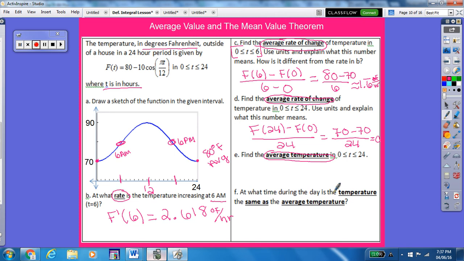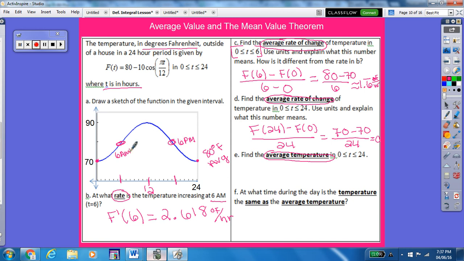The mean value theorem is going to allow us to answer question F, which says at what time during the day was the temperature the same as the average temperature. Once you determine your average temperature, it makes sense that your function has to equal that average at some time, at least once.